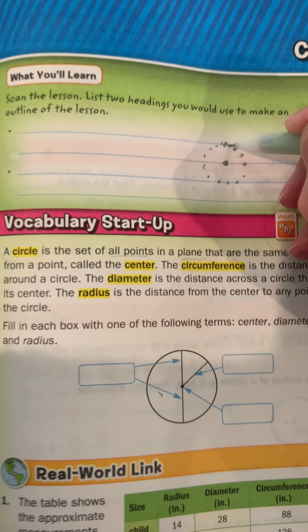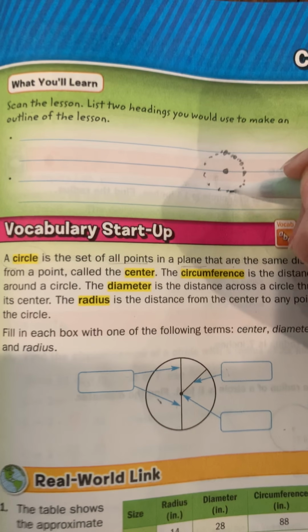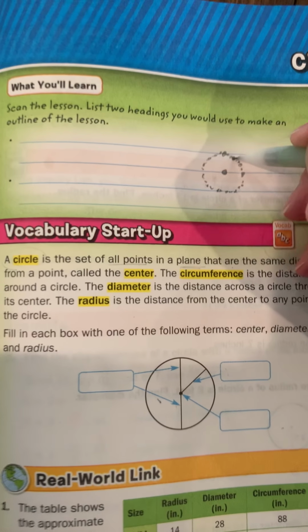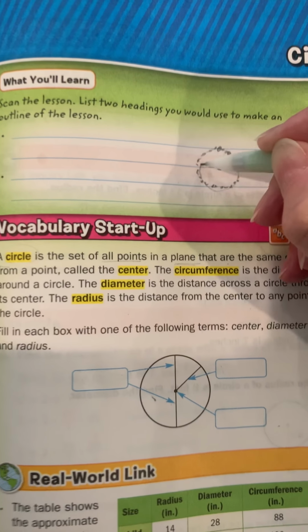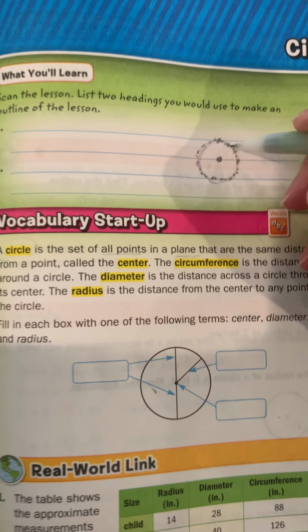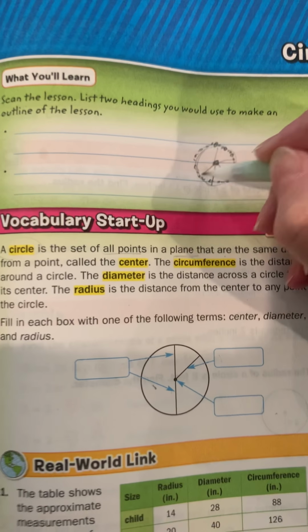I make all of these points the same distance from that center so that I have so many points that they actually touch. I basically am creating the rim of the circle, and they're all the same distance from this center point.